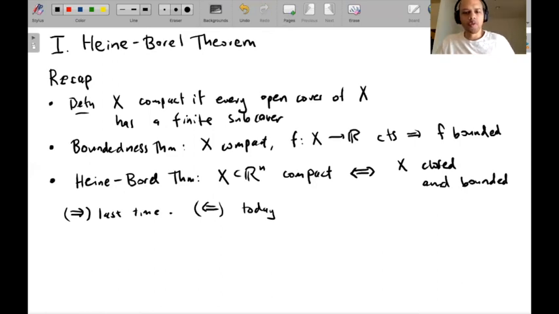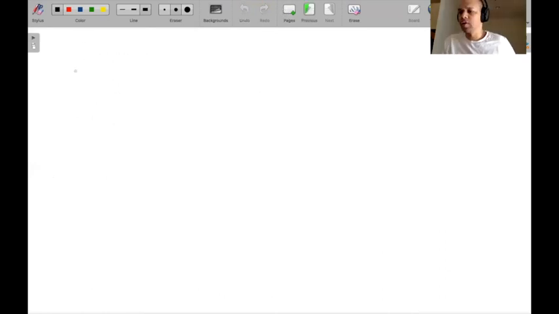So the proof of the reverse direction is going to reduce to two results. Let me state them now, and then explain their relevance.